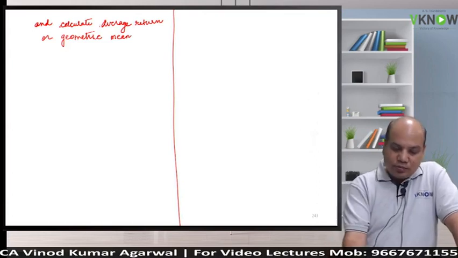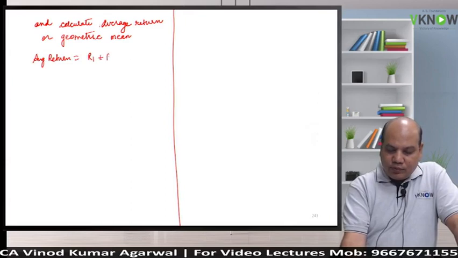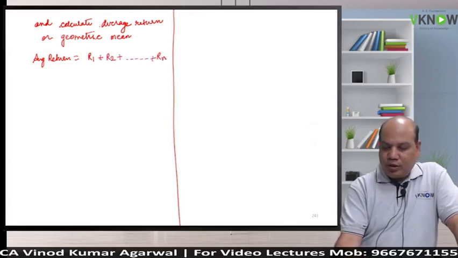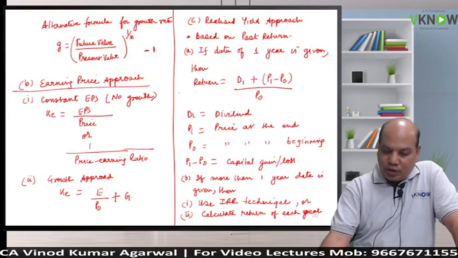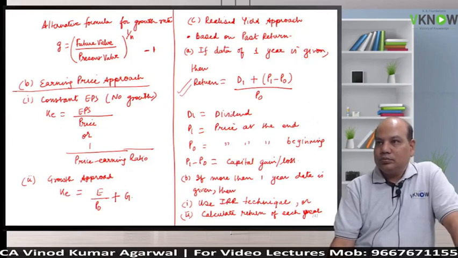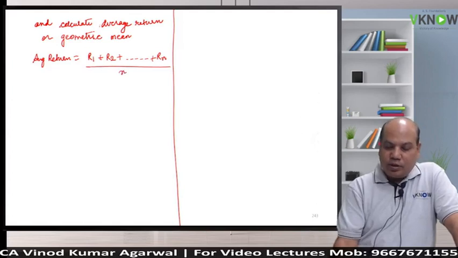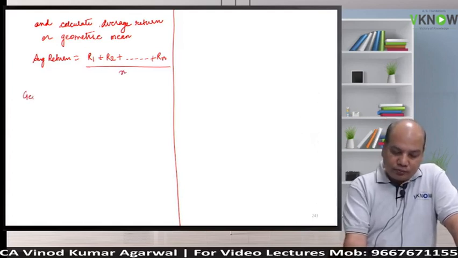Is it right? So average return will be simple average return. Return of year 1, return of year 2, up to return of year n. Suppose 5 year is given. So first compute individual year return by this formula, and then take the simple average by dividing by number of years. Okay.